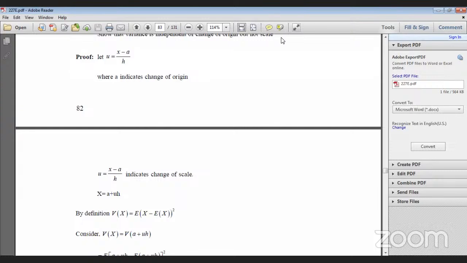So cross multiplying, x = a + uh, yes? Yes, sir.